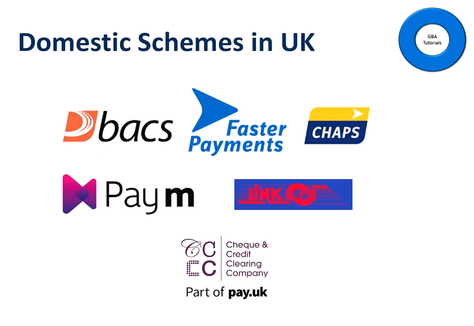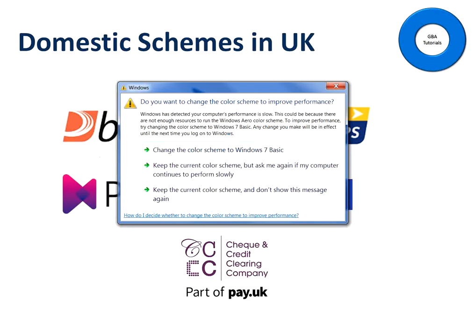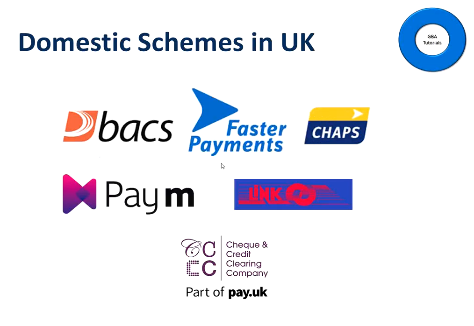Now talking about domestic payment schemes, each scheme offers unique properties. For example, Link facilitates end user access to cash via the UK's largest ATM network. Almost every cash machine in the UK is connected to Link, and you see the Link logo on most of the ATM machines within the UK.